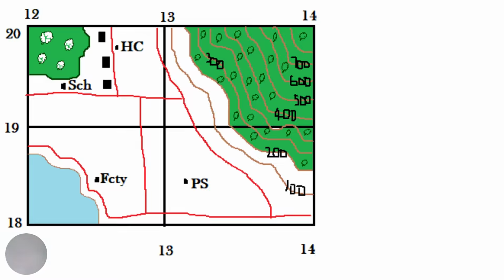All right, and we also see to the northwest a small area of trees and shrubs. And notice it is close to human settlement.